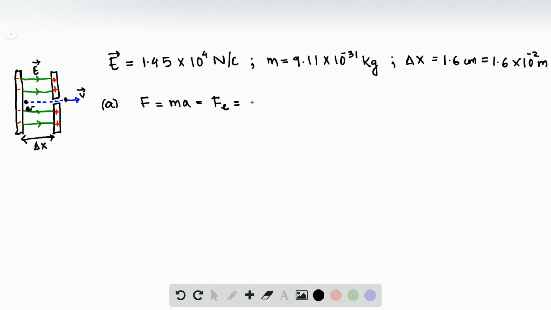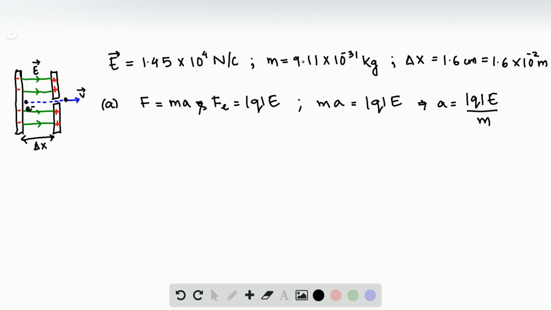So the electric force will be charge times the electric field. Now solving these two equations, we get the mass times acceleration should be the magnitude of the charge on the electron times the electric field. And this gives acceleration to be the magnitude of q times electric field over the mass of the electron.